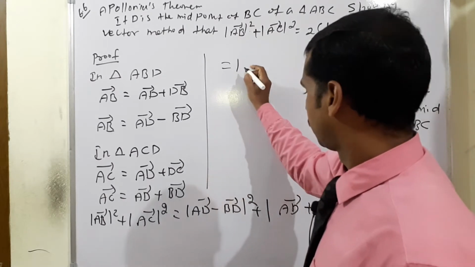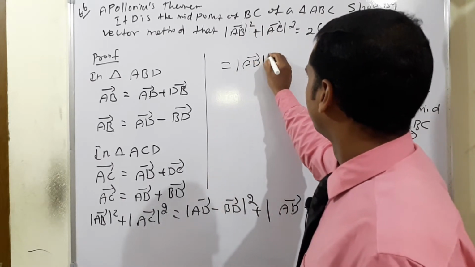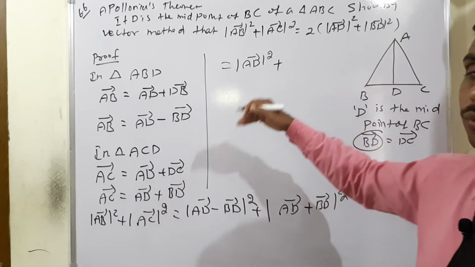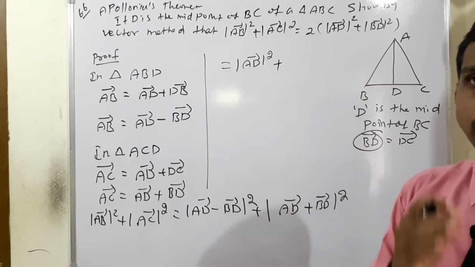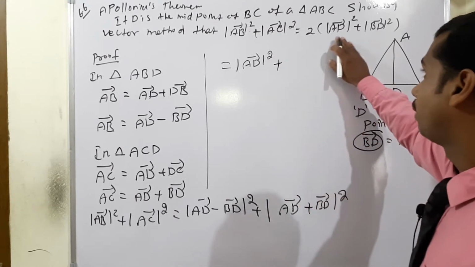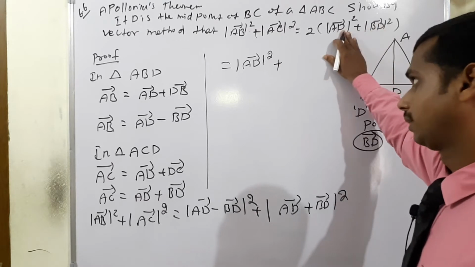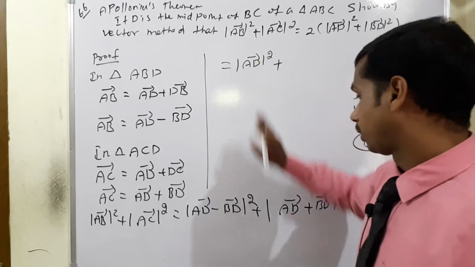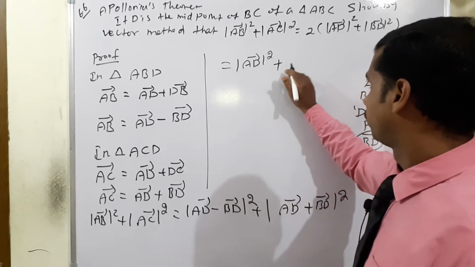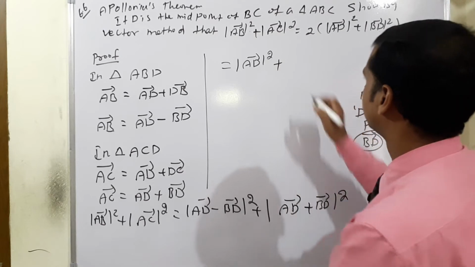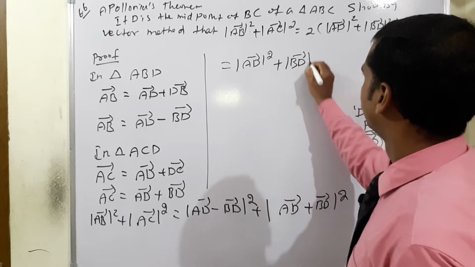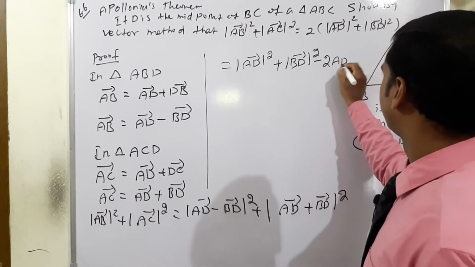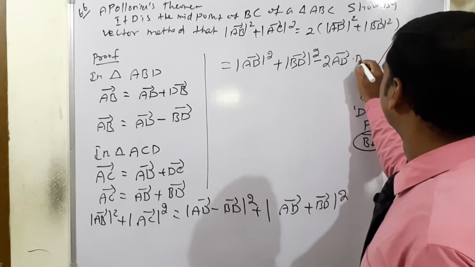Therefore, modulus of AD vector square. If you take the modulus it converts to scalar form, meaning magnitude, only numbers. But here, on the right hand side both terms are vectors, so I have written the vector form also. Modulus of AD vector square plus modulus of BD vector square minus 2 AD vector dot BD vector.